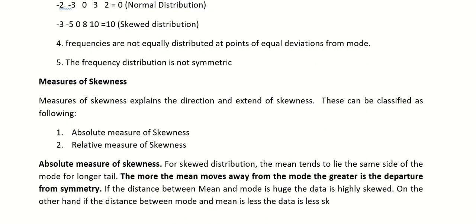We know that data is skewed, but how much? What is the extent of skewness? The greater the extent of skewness, the further the data is from normality. If mode and median lie on the same value, the data is normally distributed, right?